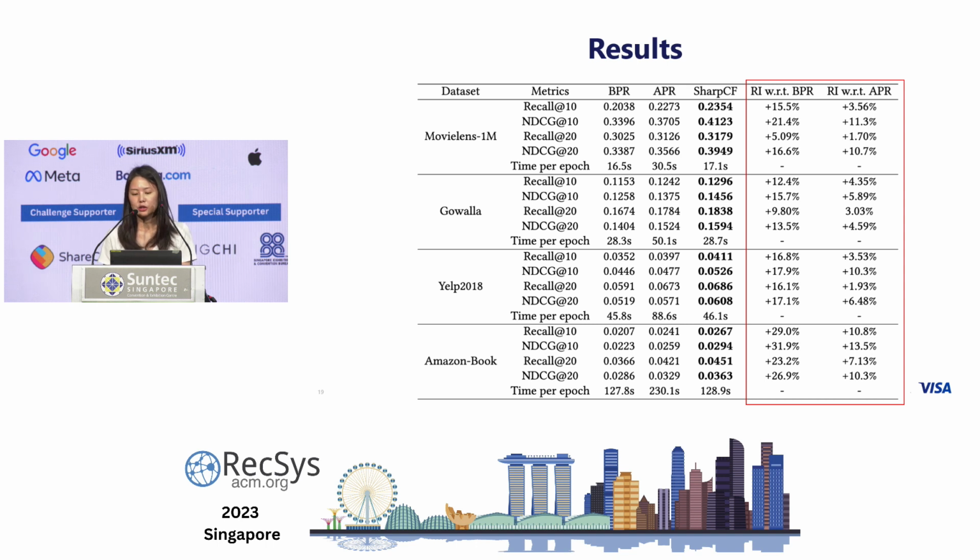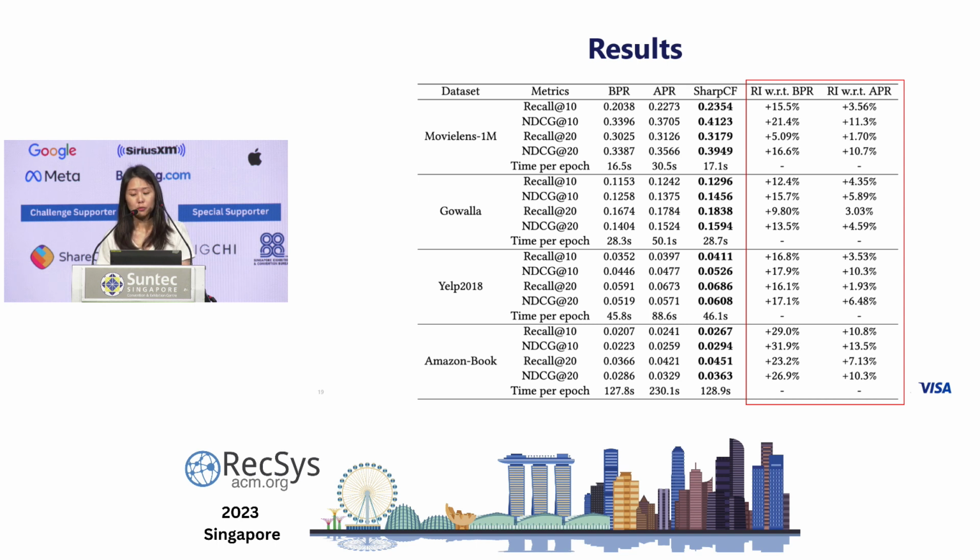The second observation is that the proposed solution has shown improvements in all comparisons, and it consistently outperforms BPR by up to 30%, with an average improvement of about 18% and a standard deviation of 7% across all data sets.